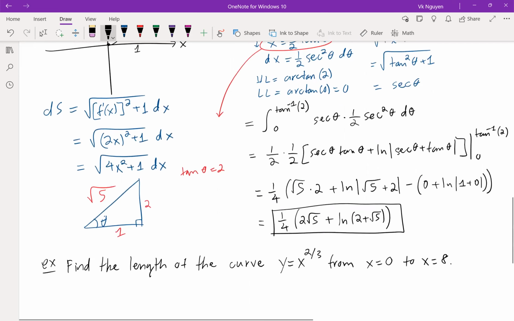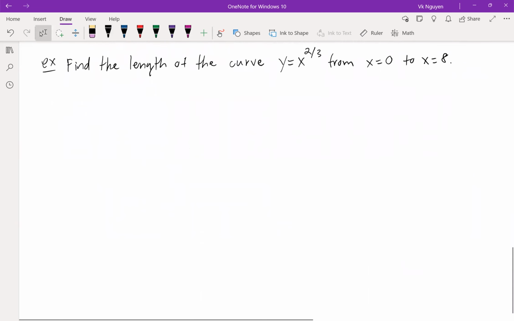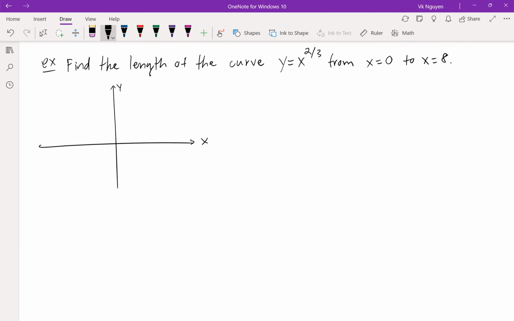Okay, one more example. Find the length of the curve y equal x to the power 2/3 from x equal to 0 to x equal 8. First thing is, let's sketch out the curve on xy. And this is what it looks like.